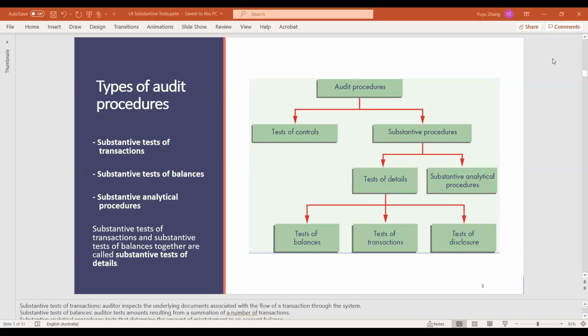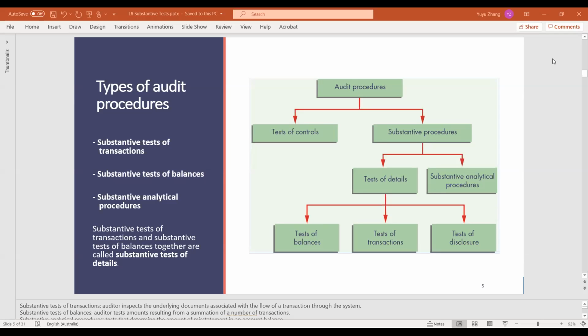Does it make sense? So when the accounts are material by nature or by dollar value, these will be the key accounts at risk. Of course, on top of that, you will still need to discover what the key assertions are.